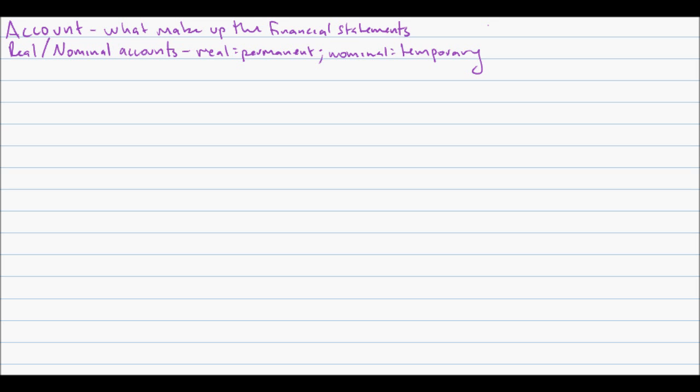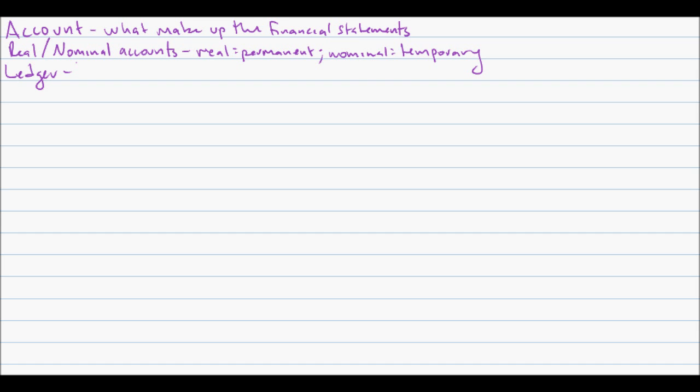So the next term I want to go over is ledger. A ledger is basically a book containing all of the accounts, and this is usually a digital version because most companies use accounting software as opposed to a paper-based accounting system. There are basically a few different types of ledgers.